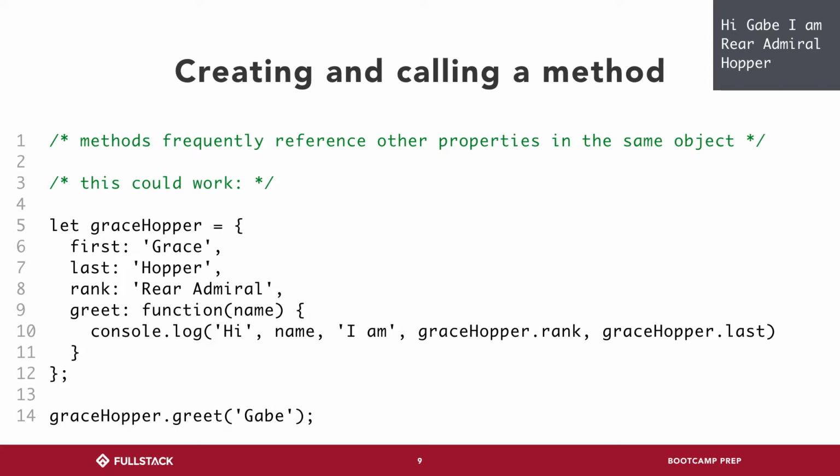If we weren't getting that value in our method by reaching out to access the value of Grace Hopper's rank property, we would have to write "super rear admiral" twice. Does that make sense? When you're writing code, you have to make sure that you can easily replicate things that are really important.